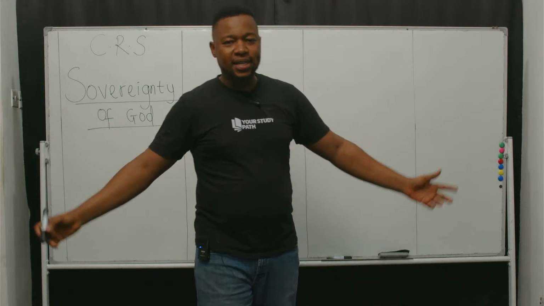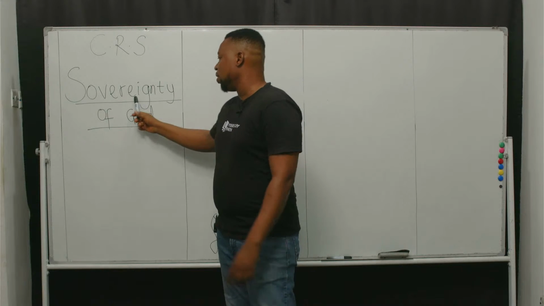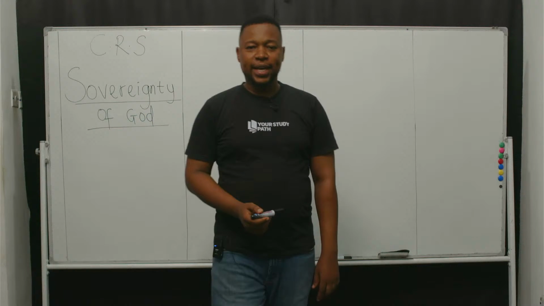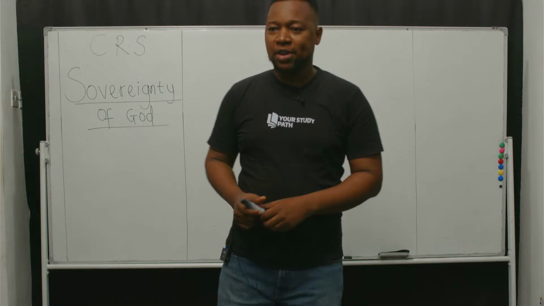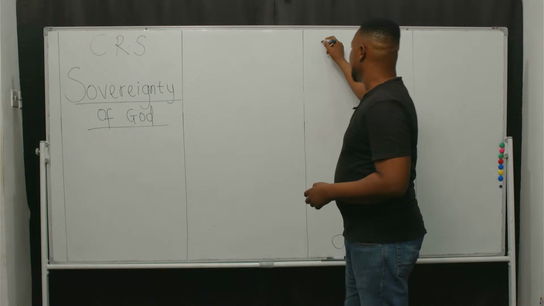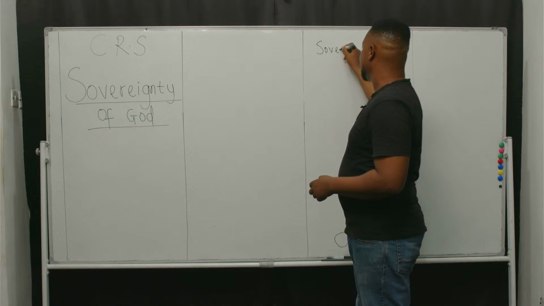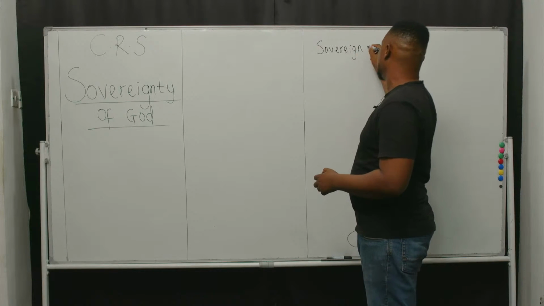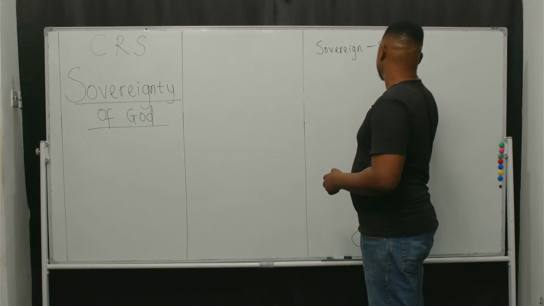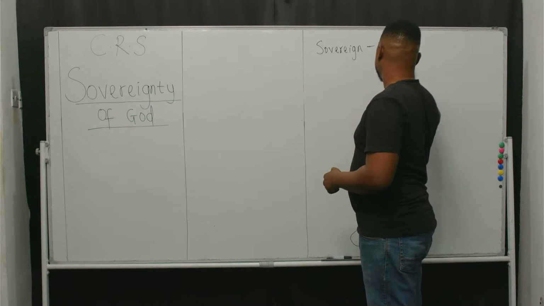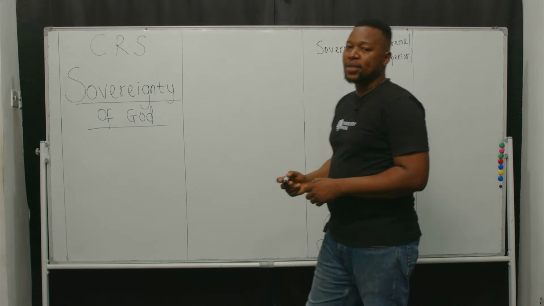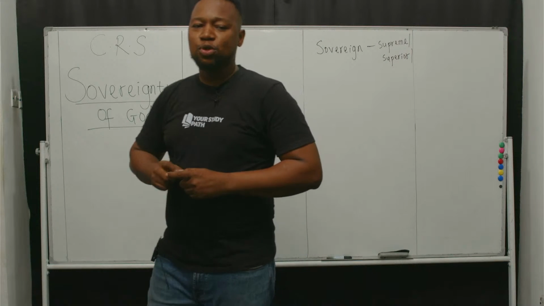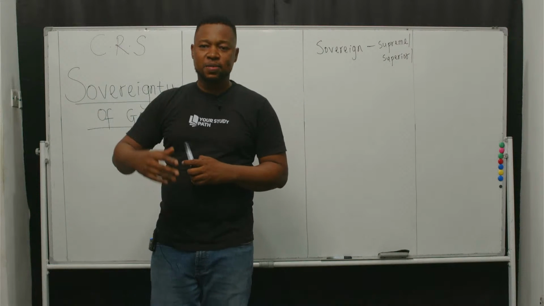Now we need to understand what is meant by the word sovereignty. The word sovereign is synonymous with the word supreme, or superior, or it states when one has absolute or unlimited power.